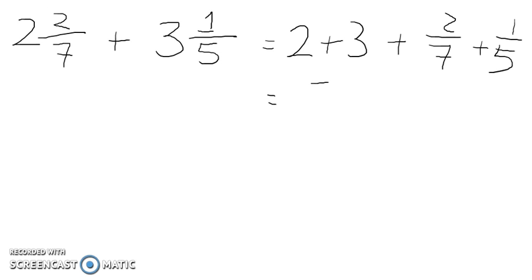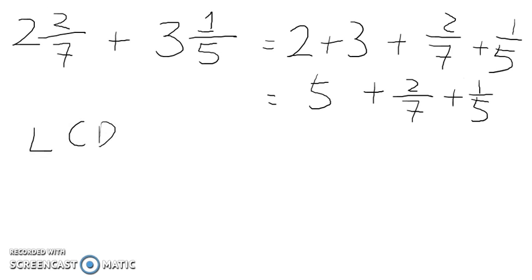Now, we know 2 plus 3 equals 5, not much to doubt. And we end up with 2/7 and 1/5. What is the lowest common denominator of 7 and 5? 7 times 5, which would equal 35.